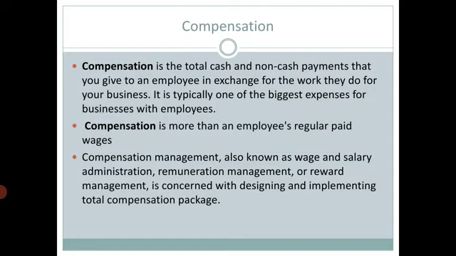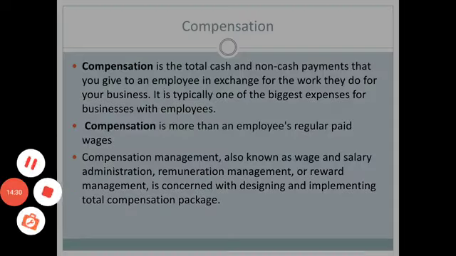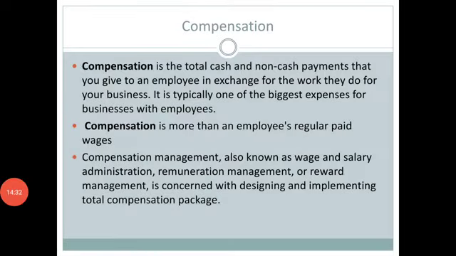So when we come across the term compensation, it is quite important for the organization to seriously think about the compensation which they are paying to their employees. Why?